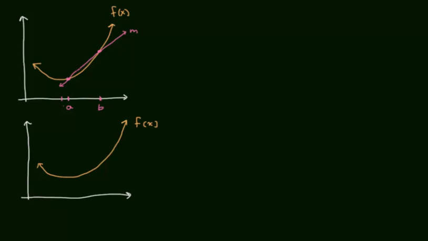The slope of this line represents the average rate of change in f on the interval x equals a to x equals b inclusive. So the slope of that line is very important. It gives us an average rate of change.